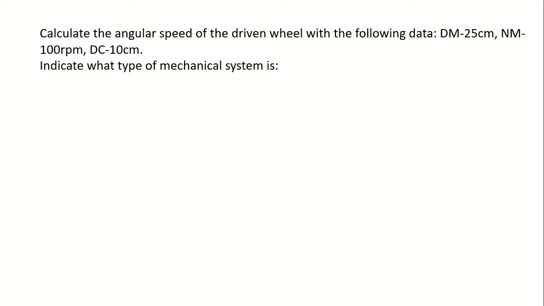Okay, now it's the time to practice with the friction wheels. We have to calculate the angular speed of the driven wheel with the following data. The diameter of the motor one, the driver, is 25 centimeters, and the speed is 100 RPM.